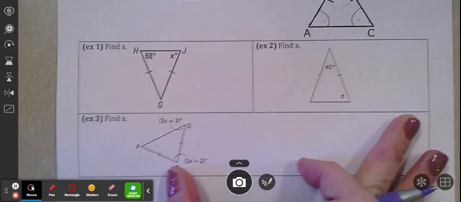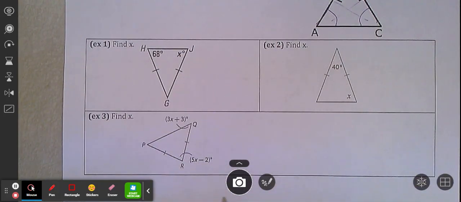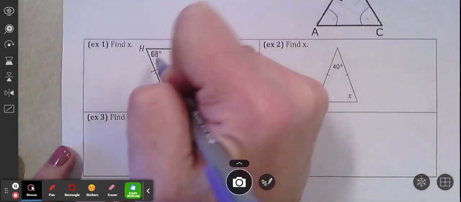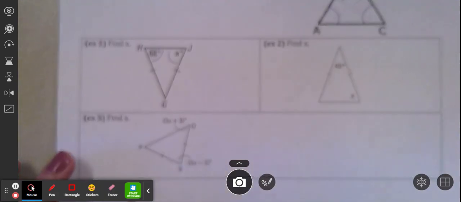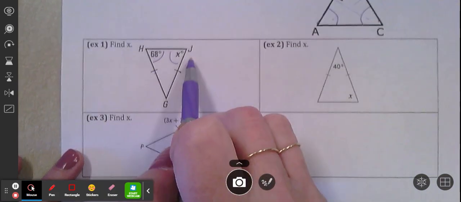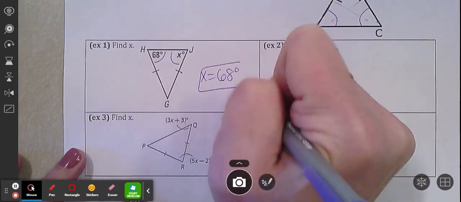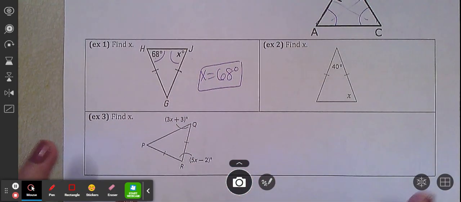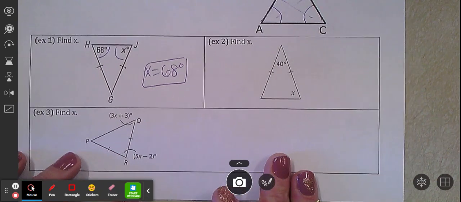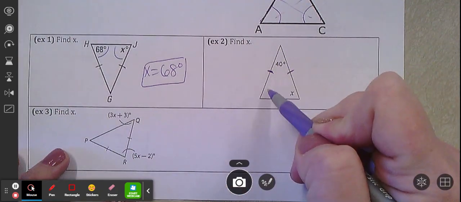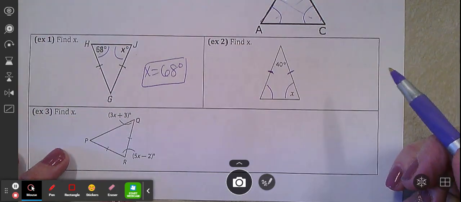Let's take a look at example one. We're given that these two sides are congruent, so these two angles are congruent. If this one's 68, then that one is also 68, so x is just 68. Pretty easy. Example two: if these are the sides that are congruent, these would be the angles that are congruent.